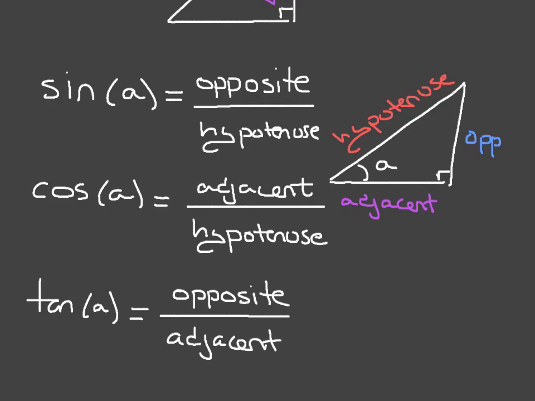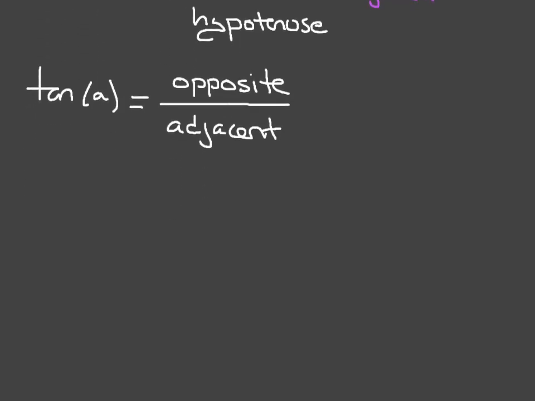Now, let's look at a quick example with some actual numbers here. Let's say we're given this right angle triangle here, and we're interested in this angle A. And for argument's sake, let's say the opposite side length, the side opposite A rather, is 3. The side length adjacent to A is 4. And the hypotenuse is 5.